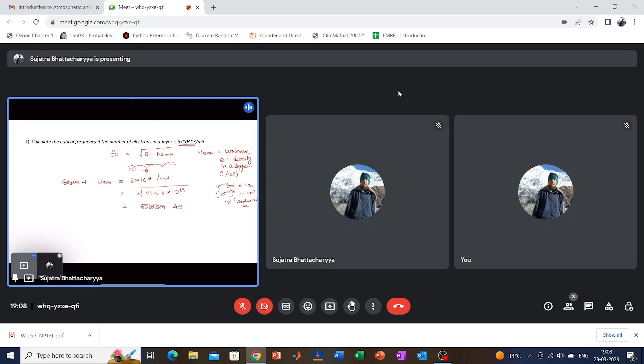I have given it a very large number of electron density, but as you have seen, the maximum will be 10 to the power 12. So if you put 10 to the power 12 here, then what will happen, you see. It will be 10 to the power 12 into 81. The root of the answer is about 9 megahertz or 90 megahertz.